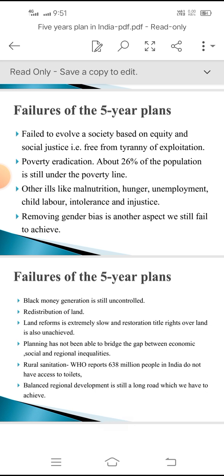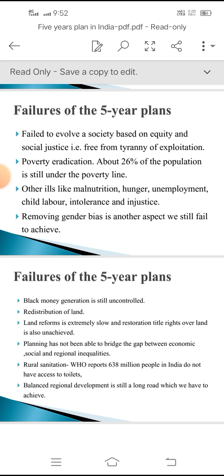Then come the failures of the 5 year plans: they failed to evolve a social base of equity and social justice that is free from the tyranny of exploitation. Even some concepts favor the Indian development of economy, but at the same time there is an opposite, negative side.